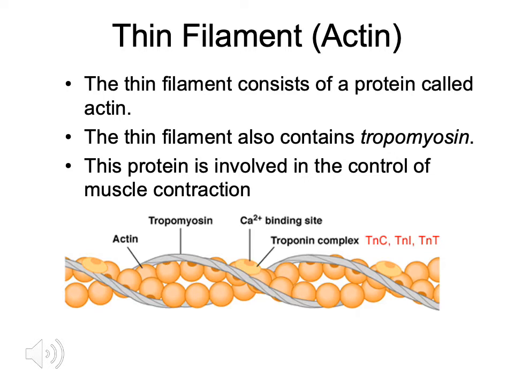The active site, also known as a myosin binding site, is where our myosin thick filament heads will attach to actin during the process of contraction. As is here on the diagram, this is a resting muscle. Tropomyosin is in a position where it covers those active sites, and the troponin is holding it in place.